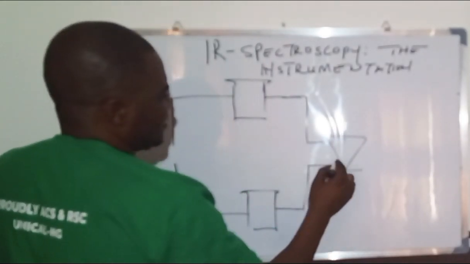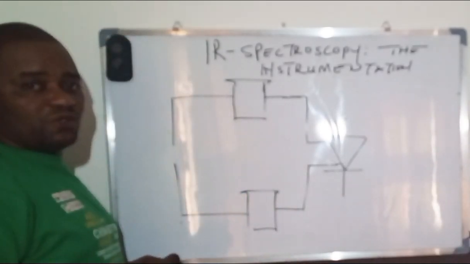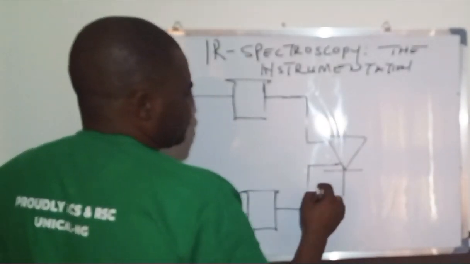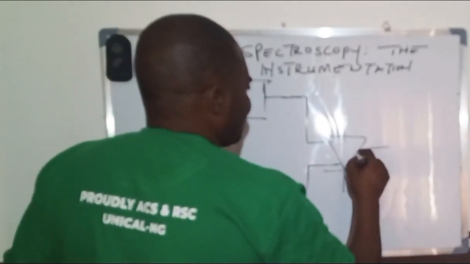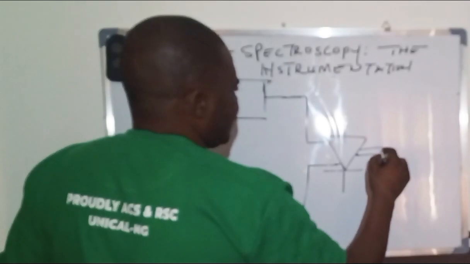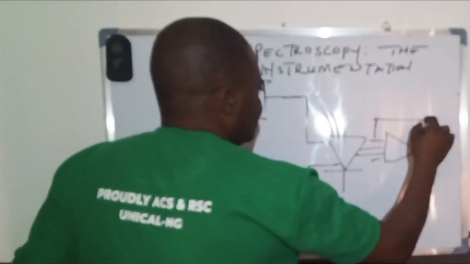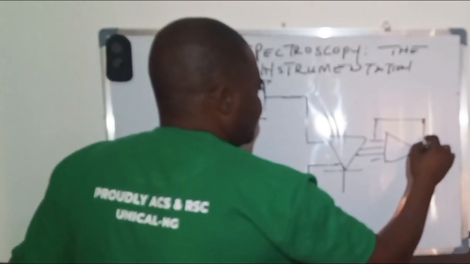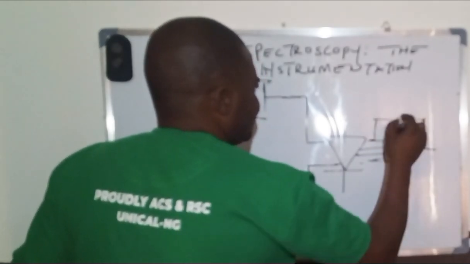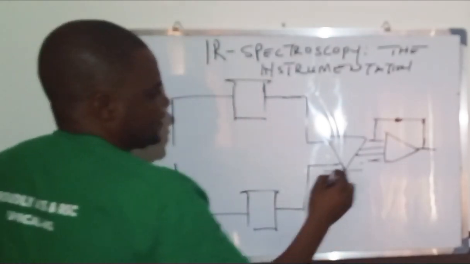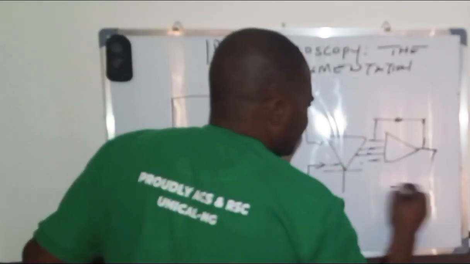Remember, we had mentioned this already in our former class when we talked about UV-visible spectroscopy. So it brings us to a transducer, and from this transducer we have narrow beams that link us into what we also call a detector.